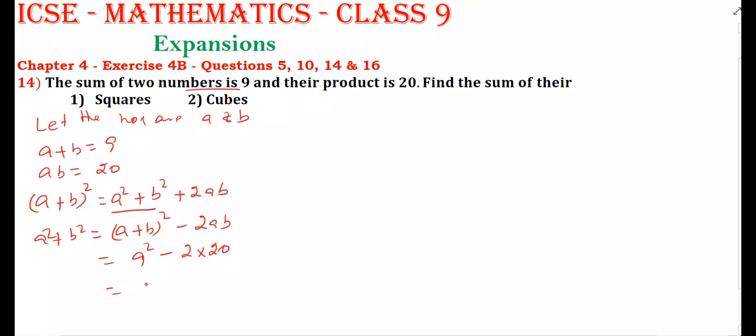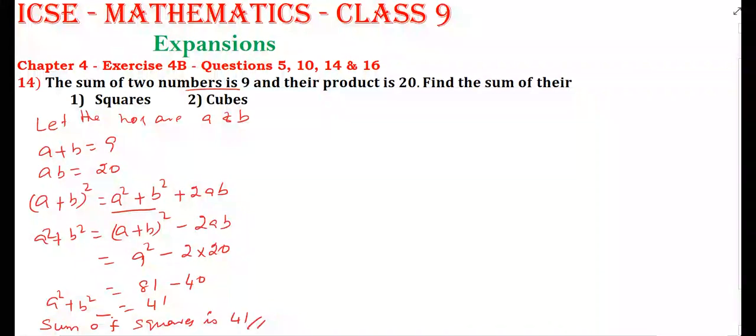So now 9 into 9, it's 81 minus 40 equal to 41. So the sum of the squares of their numbers is 41. This is one answer.